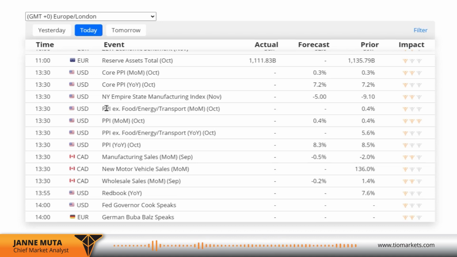And this feeds down the line in the economy into the inflation numbers, into the prices that normal people, consumers, are paying for the products they buy. And that's how this feeds into the final CPI number.